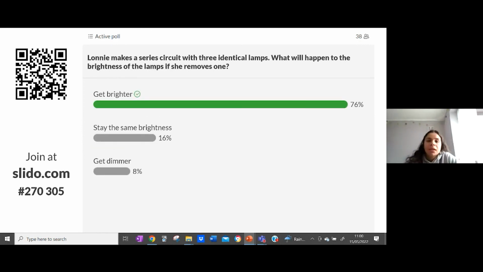So if she removed one lamp, then the remaining lamps will get brighter. So remember what we said about a circuit in series? We have each component sharing the current equally. So if we had 3 lamps, and if we remove one, we were sharing that current 3 ways, and now we only have to share it 2 ways. So we're going to have a brighter lamp.